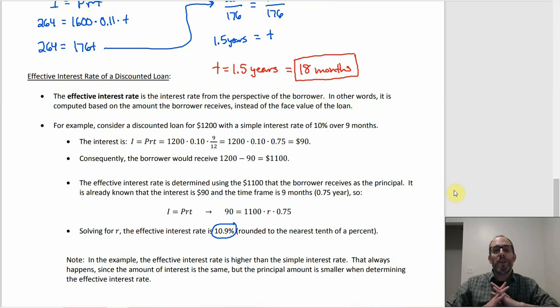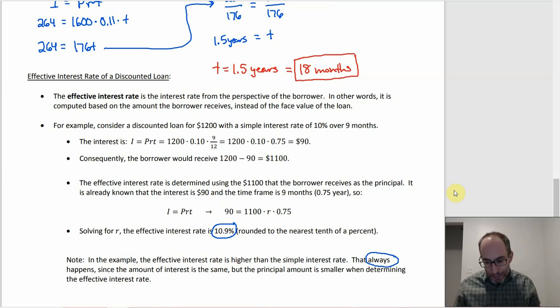So the effective interest rate is always going to be bigger, which is a nice thing to know because then that works like a check, right? Like if you had to compute an effective interest rate, and you had an algebra error and ended up with something that was too small, if it was smaller than the simple interest rate, then you'd catch it and go, wait a minute, that doesn't make sense, right? So it's nice that that happens every single time because then that functions as a check for the algebra.